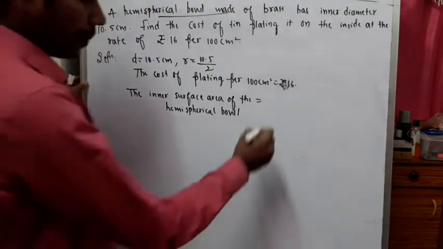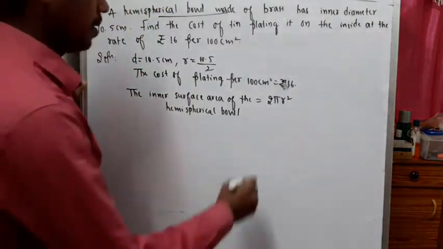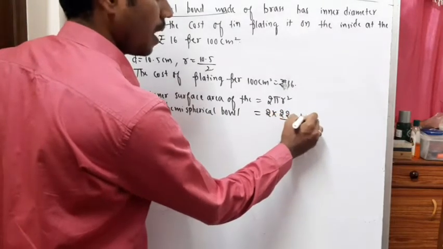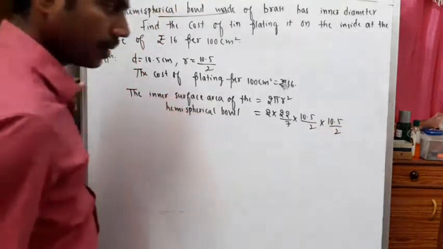Is equal to 2 pi r square, which is equal to 2 into 22 divided by 7 into 10.5 divided by 2 into 10.5 divided by 2.